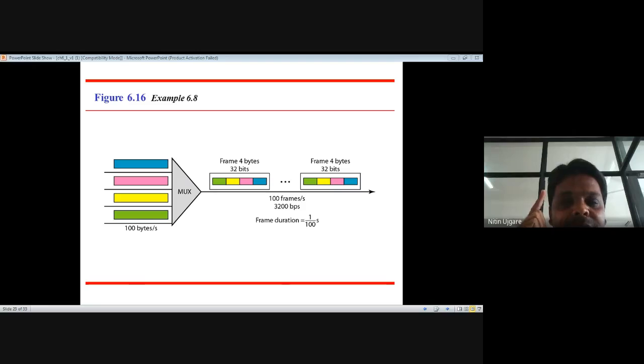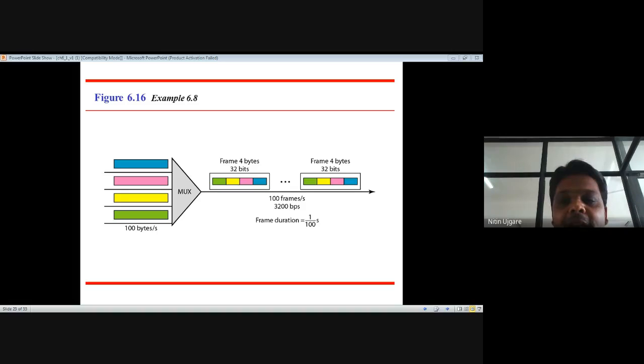That means the size of each frame is therefore 4 bytes, or 32 bits. Because each channel is sending 100 bytes, 4 channels will send 400 bytes, and a frame carries 1 byte from each channel. So we have a total of 400 bytes of data to send.